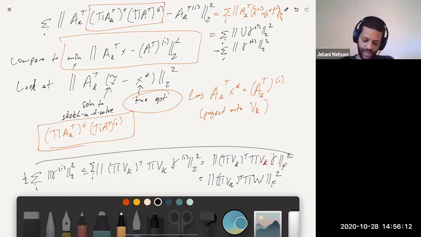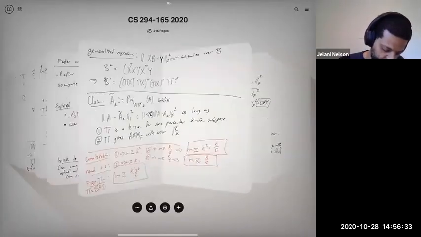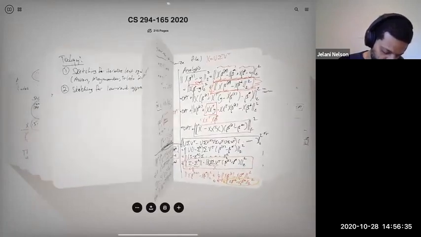The claim is that this thing and this thing have the same projection onto the column space of pi V_k transpose. And that's exactly what we saw before with the AMM analysis, which I'll go to right now.